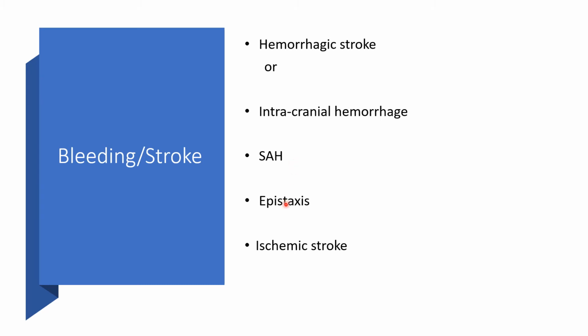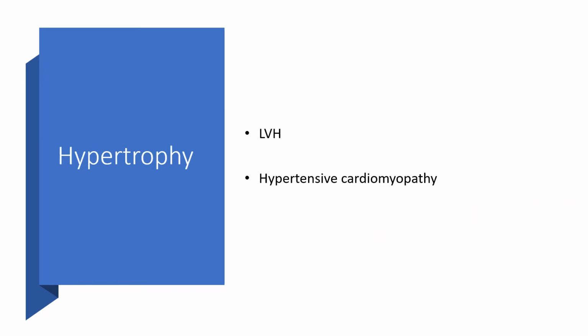There may be epistaxis, and of course, ischemic stroke. As far as hypertrophy is concerned, with the aid of the echo, we might be able to pick up left ventricular hypertrophy, particularly in long-standing hypertension. And of course, there may be hypertensive cardiomyopathy. That could be picked up on echo as well as chest X-ray.